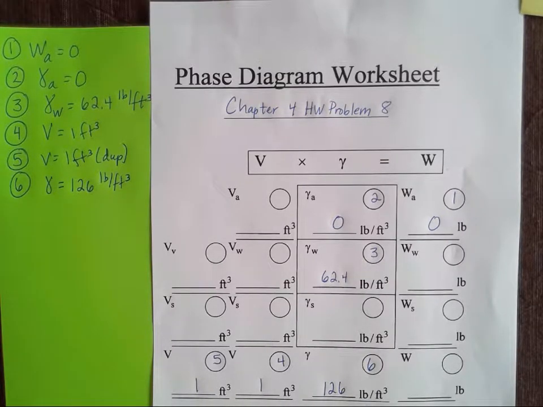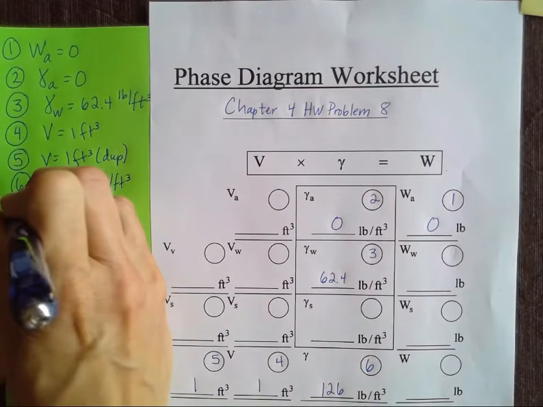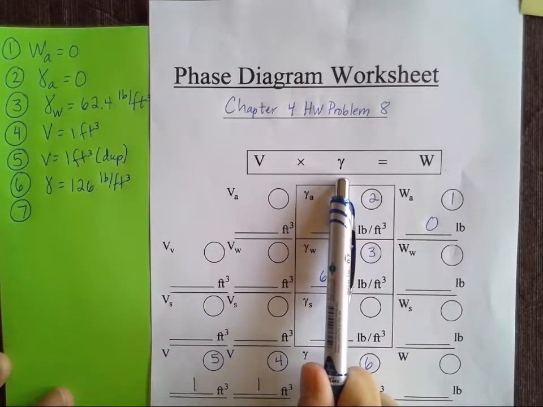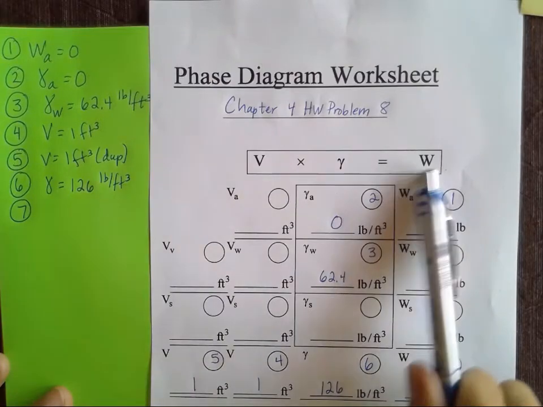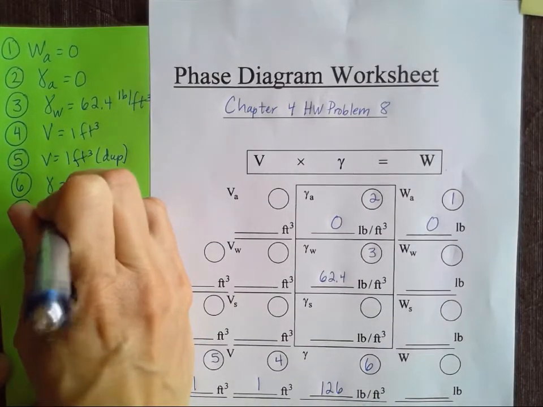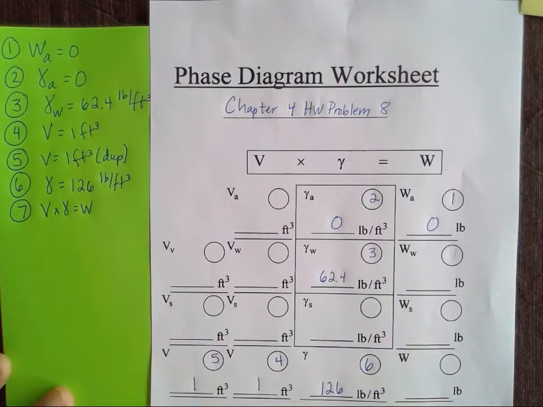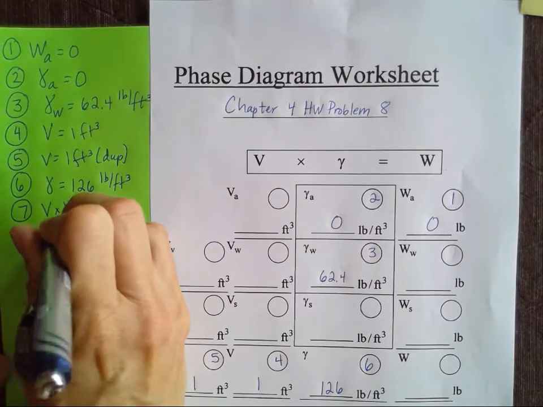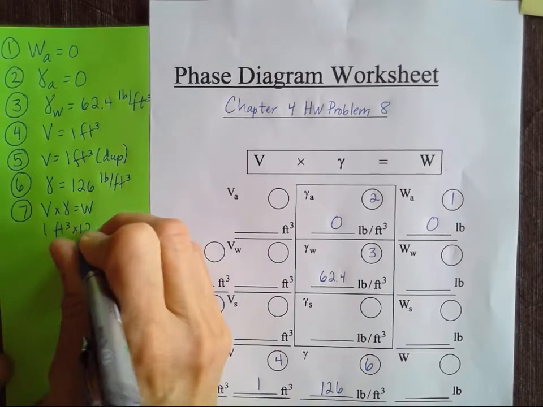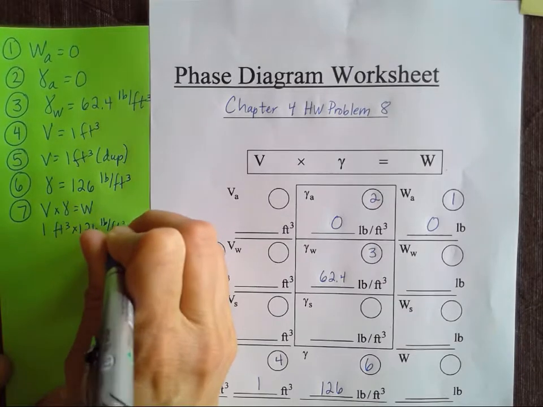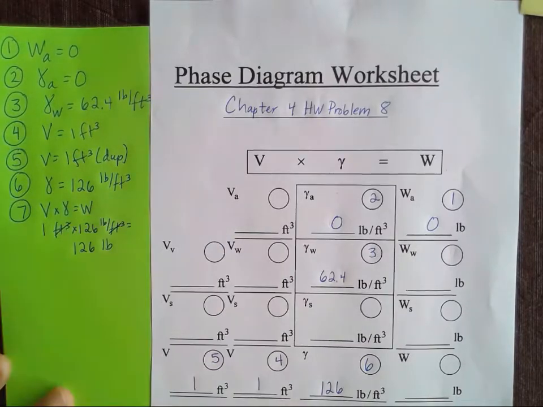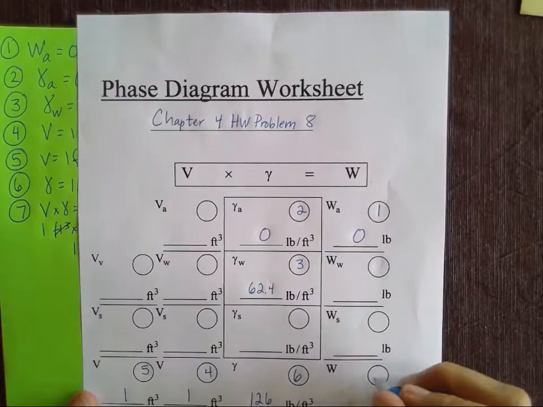When I look at that, I can already see that I'm going to be able to find the total weight, because I know from this top relation that the total volume times the total unit weight is going to give me the total weight. That's just 1 cubic foot times 126 pounds per cubic foot. So that's just 126 pounds because my cubic feet will cancel out. So I'll add that here for number 7.